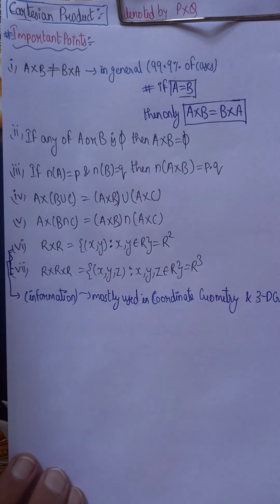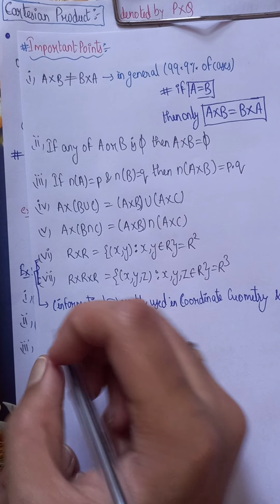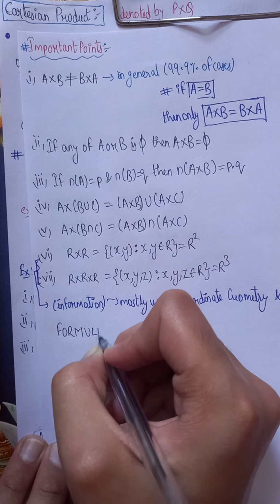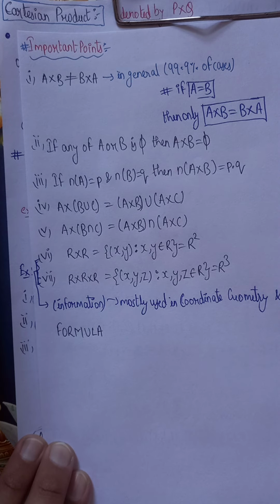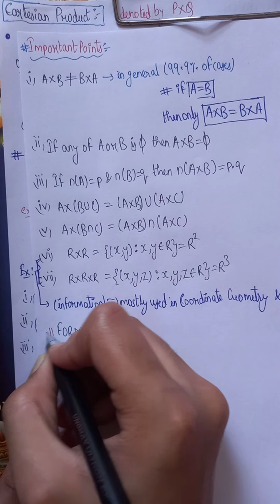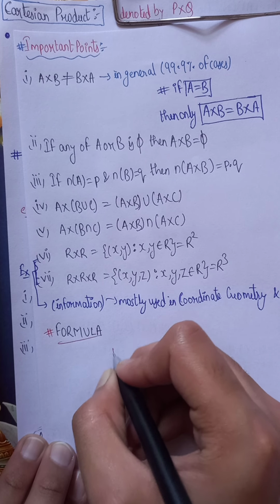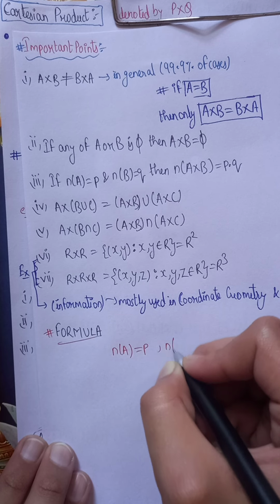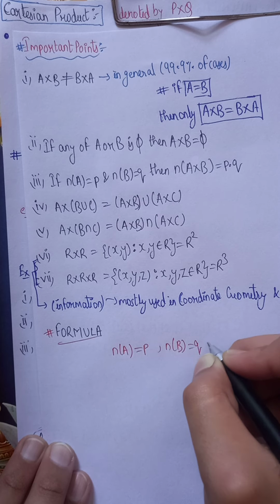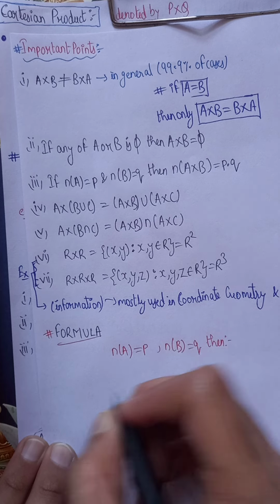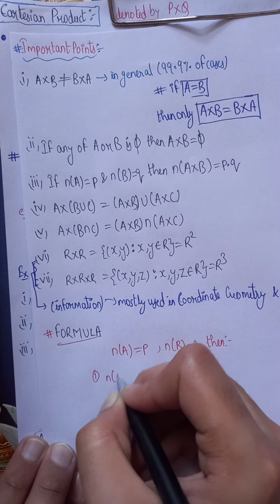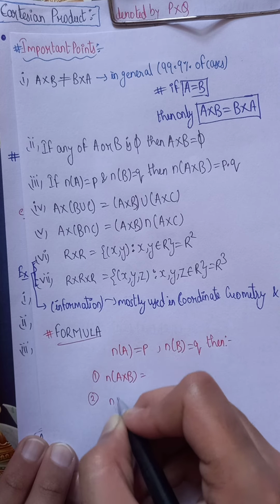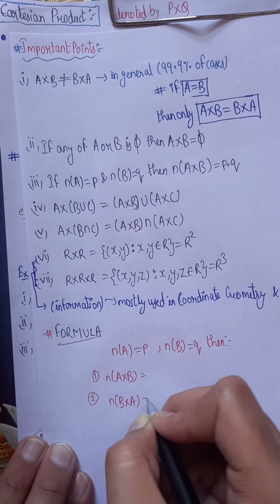Now let's write a formula. If the number of elements in set A is equal to small p, and the number of elements in set B is equal to small q, then the number of elements in A cross B is equal to how much? Number of elements in B cross A is equal to how much?